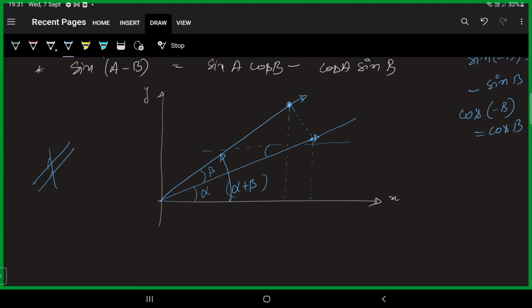Thank you. So this angle is again alpha. Fine. How much is this angle? You are drawing a perpendicular, right? Thank you. This is also 90.